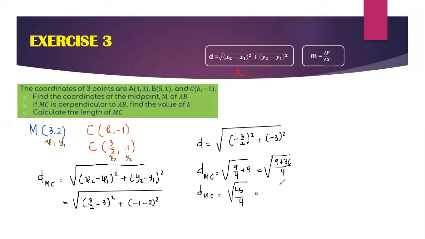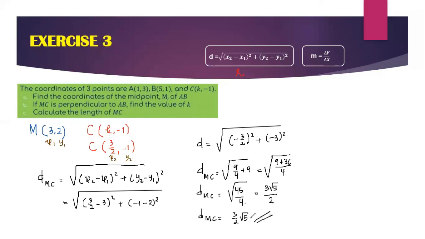What is the root of 45? 9 times 5, so 3 root of 5 over root of 4 is 2. So distance MC equals 3 over 2 root of 5.